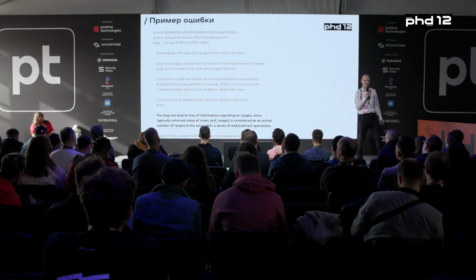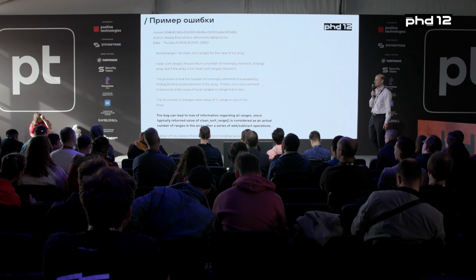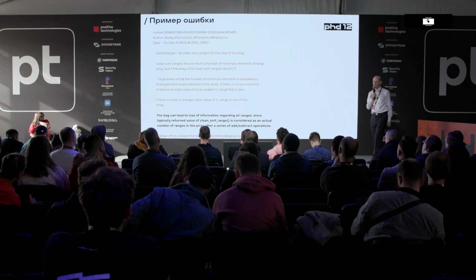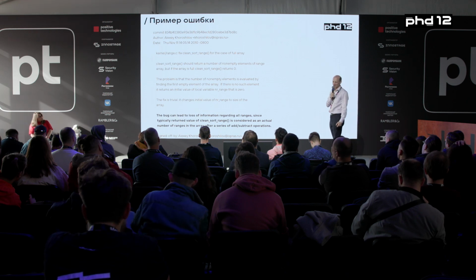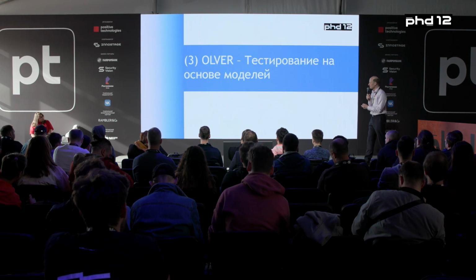This is an example of a functional area which would be difficult to find by other methods focused on typical bugs, typical errors, unless it showed itself later in some other areas.